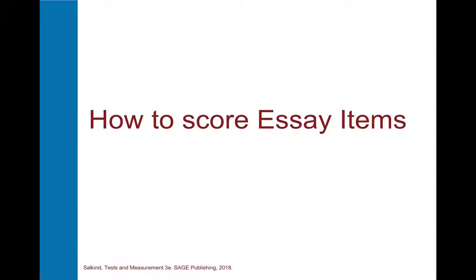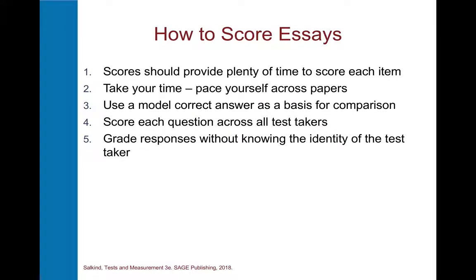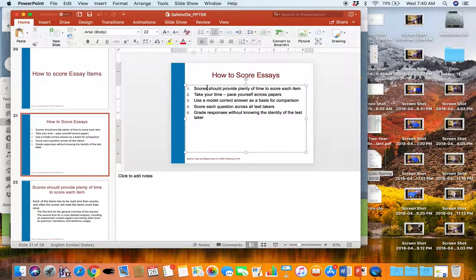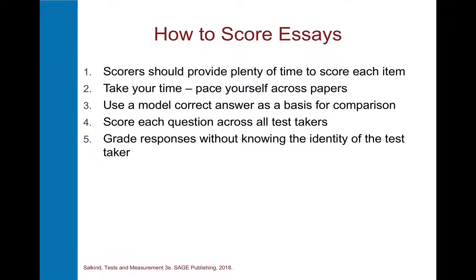So talking about scoring essay items, let's talk about some guidelines to consider. And there are 5 guidelines. Number 1, scorers should have plenty of time to score each item. Sorry, scorers. That's what I meant. Let me correct that right now. Scorers. That means you should provide plenty of time for yourself to score each item.